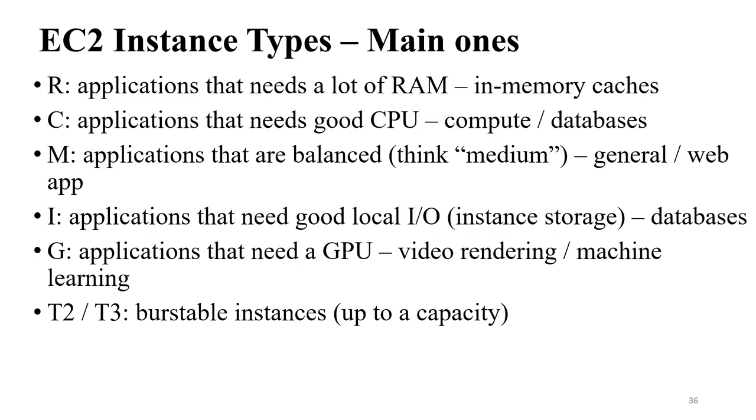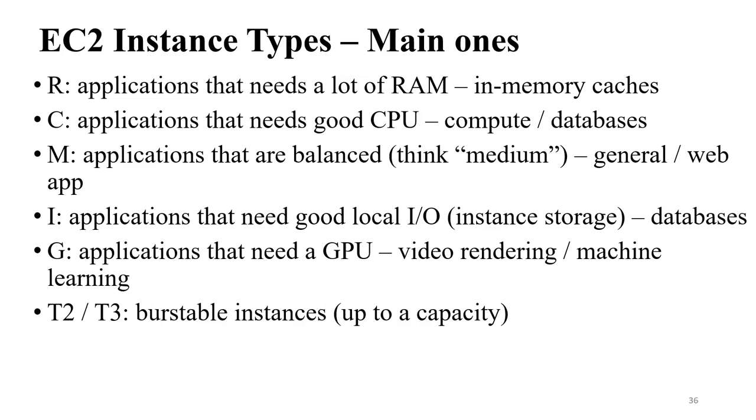Then if you're going to use the T2 or T3, this is what the AWS team is supporting. If that RAM has reached the maximum capacity, then it is almost in a burstable situation, right?